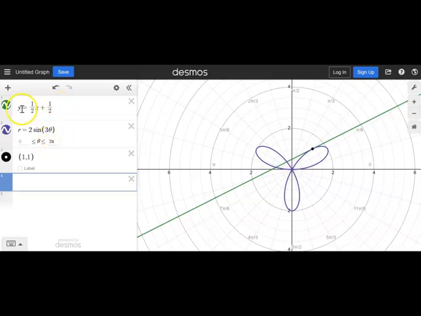We have a rectangular coordinate equation and a polar equation. So my tangent line is in rectangular, and then my curve is a polar equation. So let's go ahead and turn this into a polar equation, that way we're not mixing up our coordinate systems.